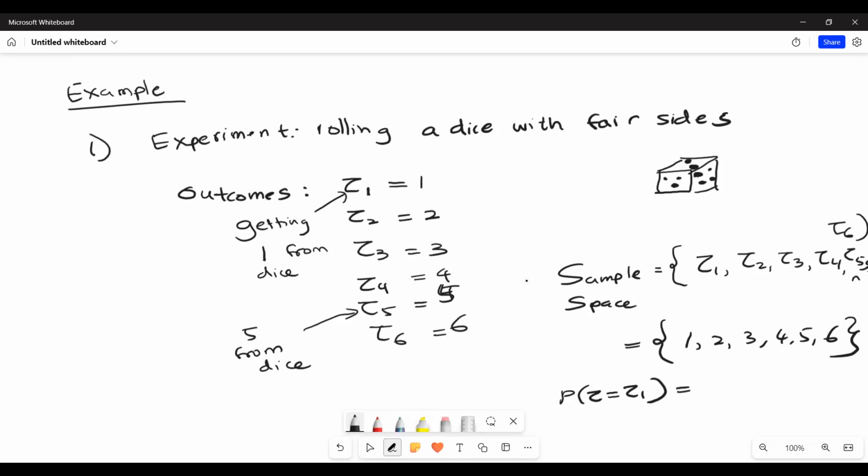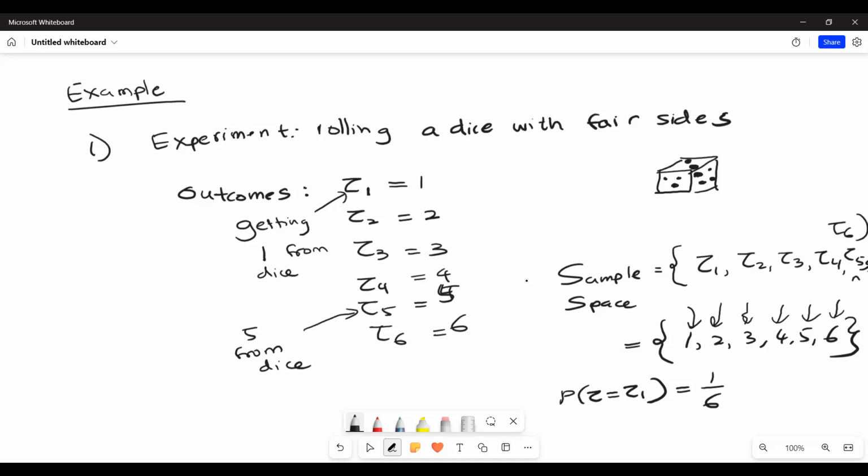The probability of getting 1 out of all the other outcomes I think we can take as 1 over 6, because each of these outcomes is equally likely.